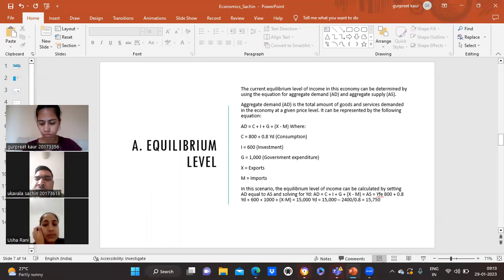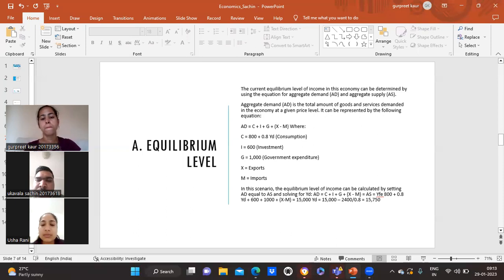It can be represented by the following equation. AD equals C plus I plus G plus X minus M.